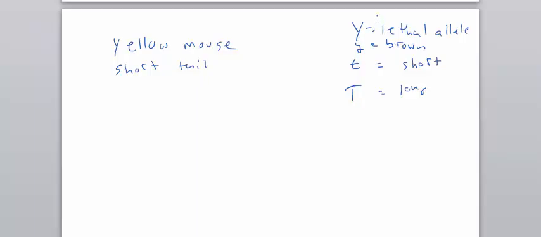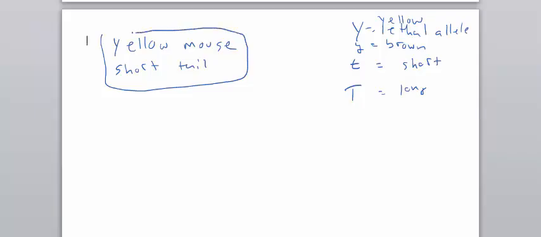And Y is yellow, and it's dominant to brown, but it's also a lethal allele. So we're going to take a yellow mouse with a short tail, cross it to a yellow mouse with a long tail, and see what we get.